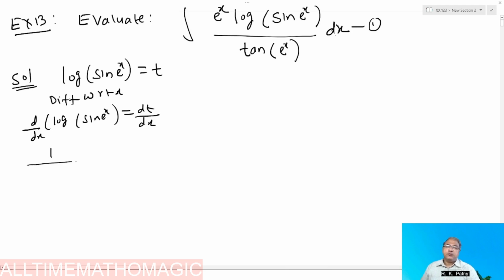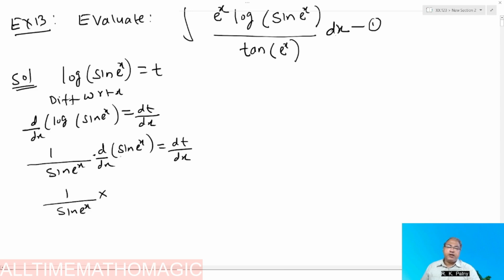So that equals 1 upon sin e raised to x into the differentiation of sin e raised to x with respect to x equals dt by dx. That equals 1 upon sin e raised to x, and the derivative of sin e raised to x is nothing but cos e raised to x into the differentiation of e raised to x with respect to x equals dt by dx.